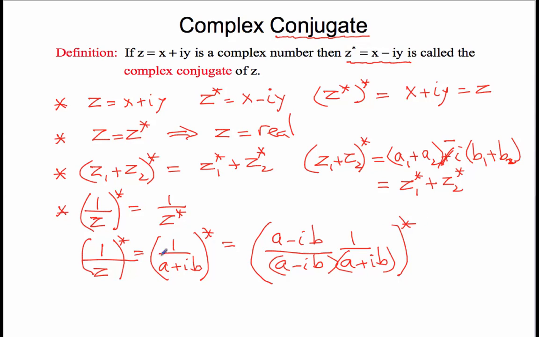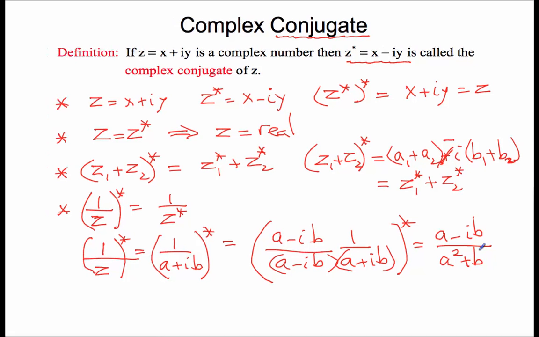So I've just taken 1 over a plus ib and multiplied by 1, that is, multiplication and division by the same amount, and now that's equal to a minus ib divided by a squared plus b squared. And then when I take the complex conjugate of this, I get a plus ib.